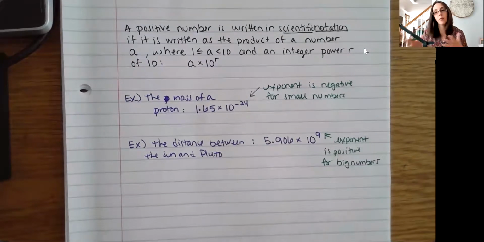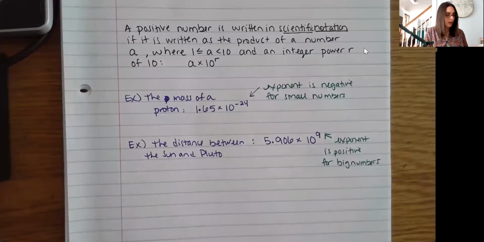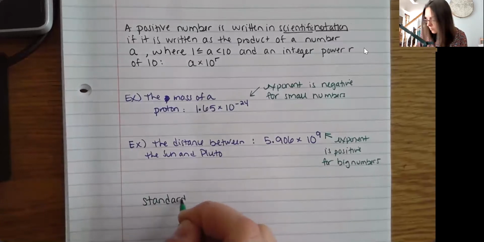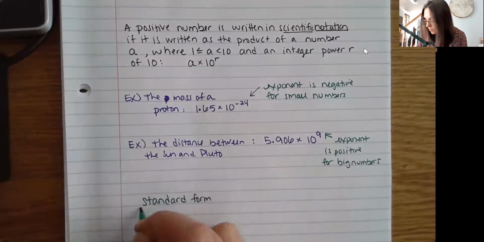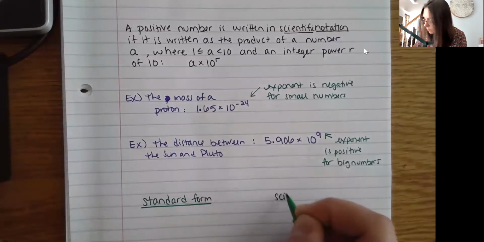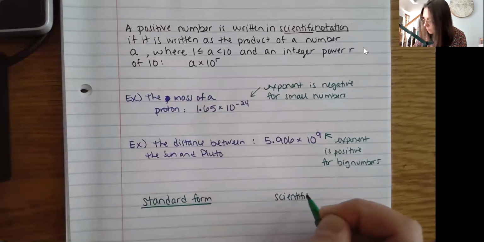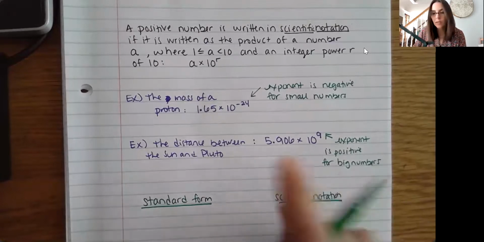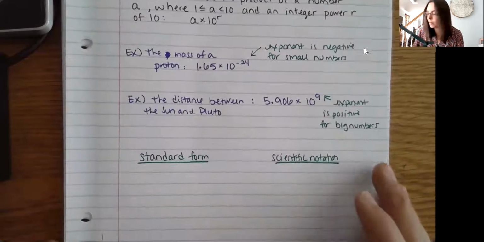And we can go back and forth between the numbers written in scientific notation versus just standard form. So standard form just means like as a regular number. So let me do this example here, and then I will show you how to convert back and forth.